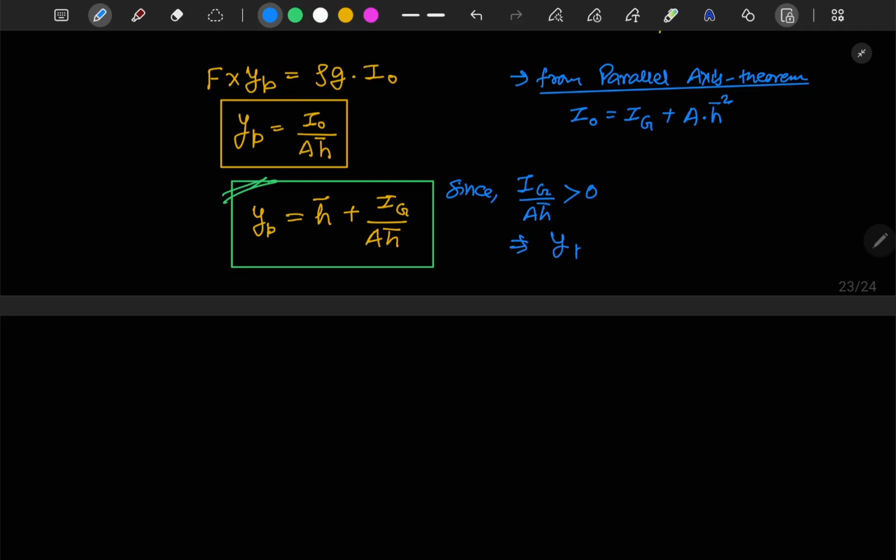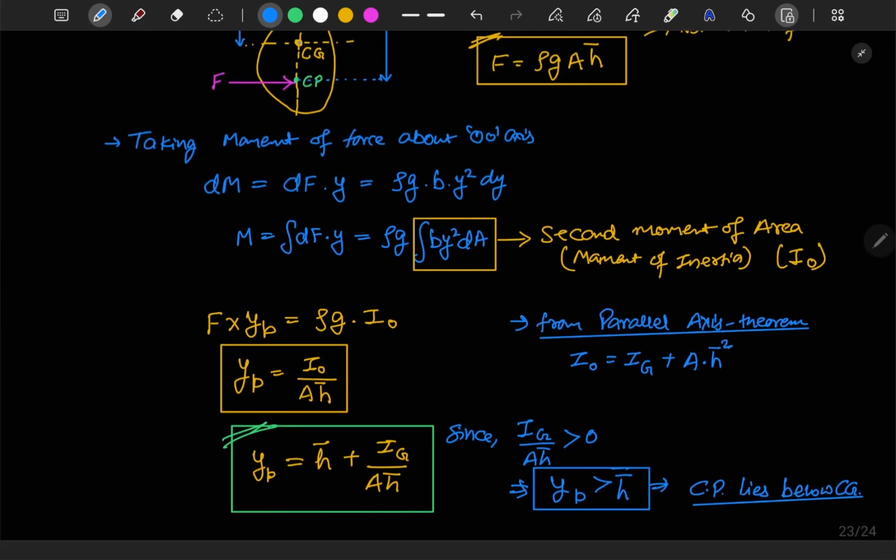It implies that Yp is greater than h bar, and it implies that the Cp lies below the Cg. I hope you get this. So from here we can prove that the center of pressure always lies below the center of gravity point.